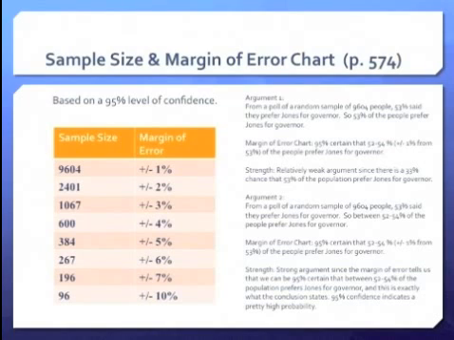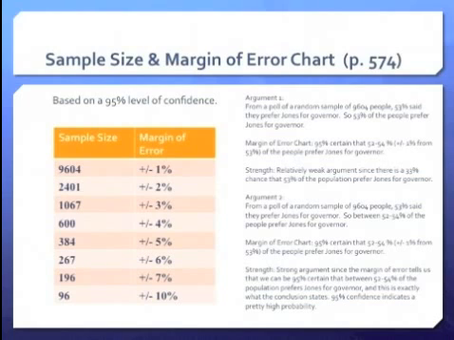So for example, consider argument 1. It argues that from a poll of a random sample of 9,604 people, 53% said they preferred Jones for governor. And it concludes that 53% of the people prefer Jones for governor. The margin of error based on the sample size used is plus or minus 1%.